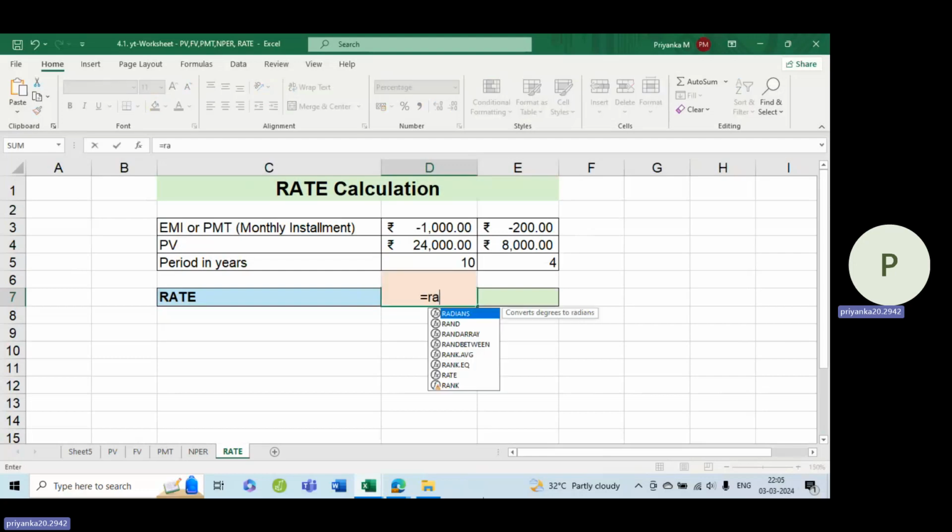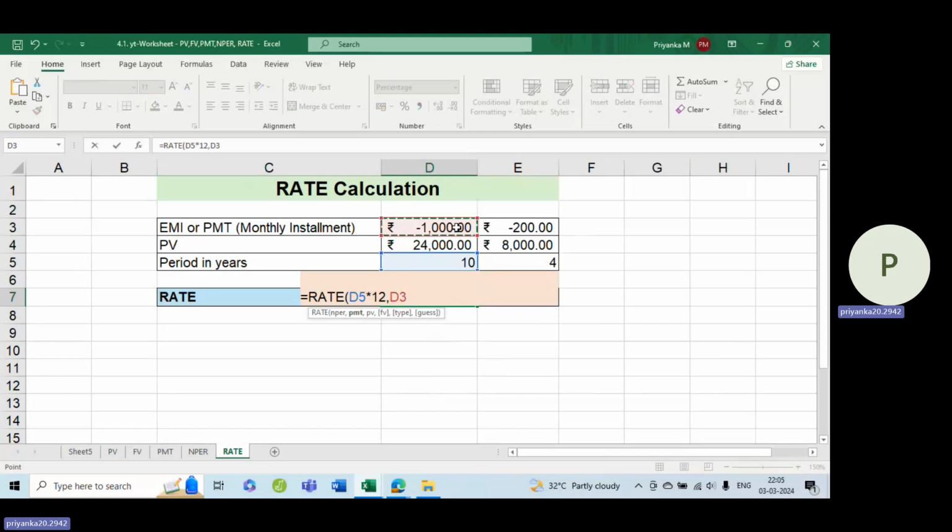I'm going to give equal to RATE of my NPER, which is number of periods. Always remember for number of periods, we are going to multiply it by 12. Why 12? Because it is monthly installments. Comma, my PMT, which is nothing but my payment for your EMI.